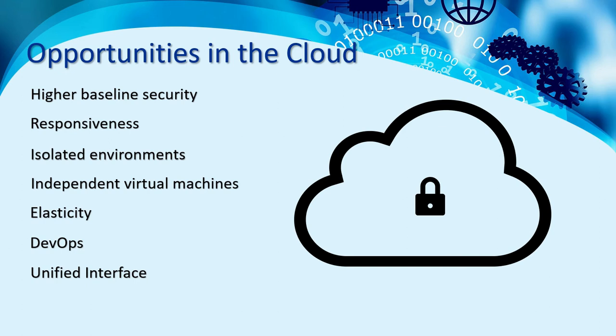Of course, when we talk about the higher baseline security, this means the cloud providers, especially major infrastructure as a service providers and platform as a service providers, maintain higher baseline security.